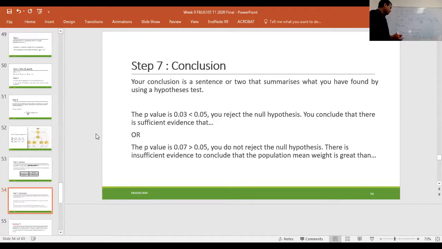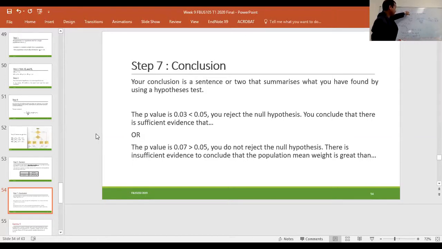Reject H0. So this is the first sentence, and the second sentence will be: you conclude that there is sufficient evidence that the mean value, since you reject the null hypothesis.